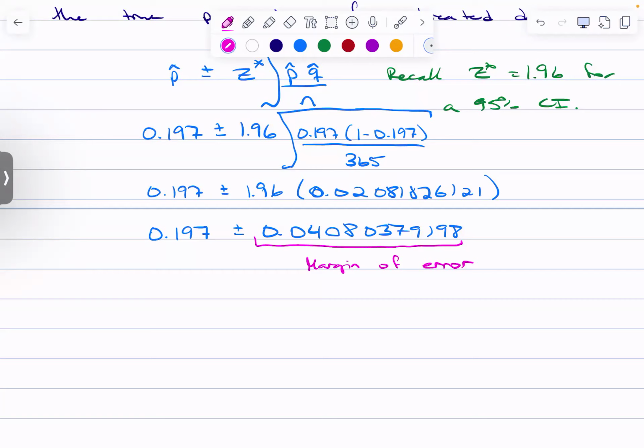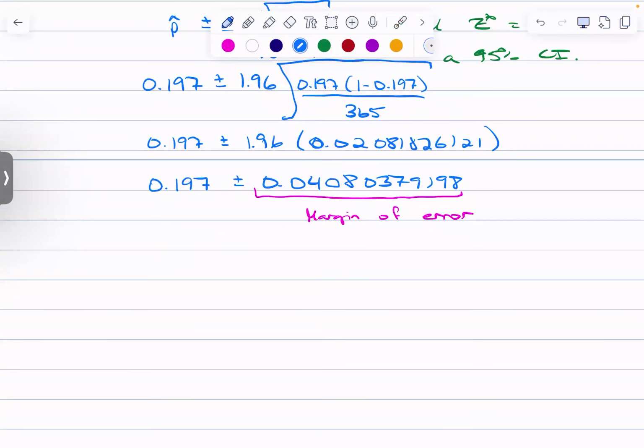So now I take 0.197 and I subtract this for my lower bound, and then I add for my upper bound.